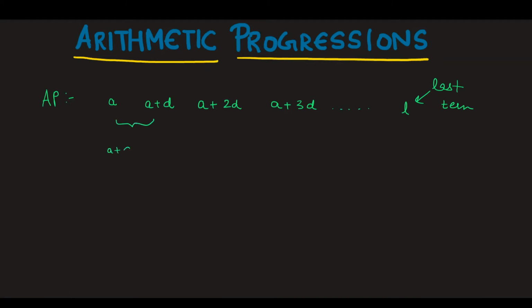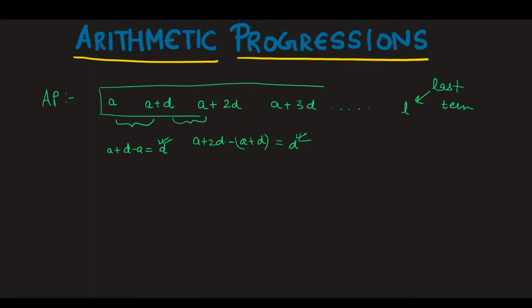A plus D minus A is D. D is the common difference. Then A plus 2D minus (A plus D) is also D. So it is in AP with common difference equal to D.